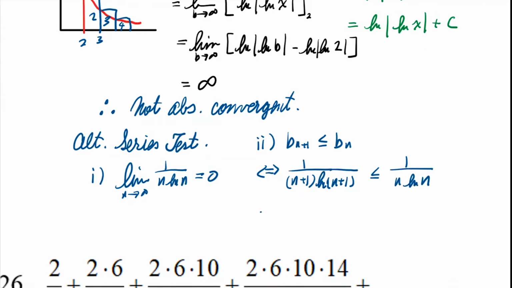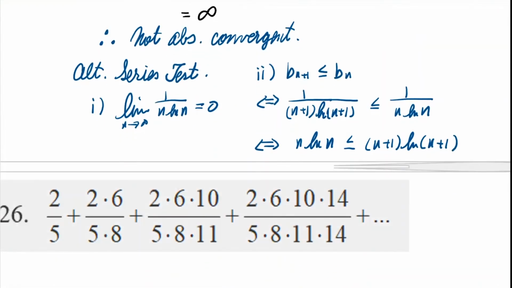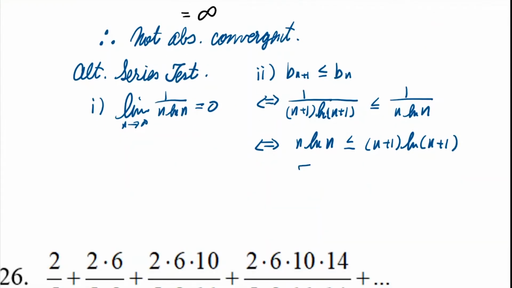Cross multiply. So n ln n less than or equal to n plus 1 ln of n plus 1. Oh, this is true for all n now, isn't it? Yeah, that definitely is true. So now the conclusion.